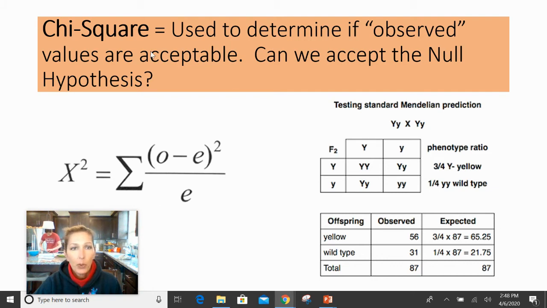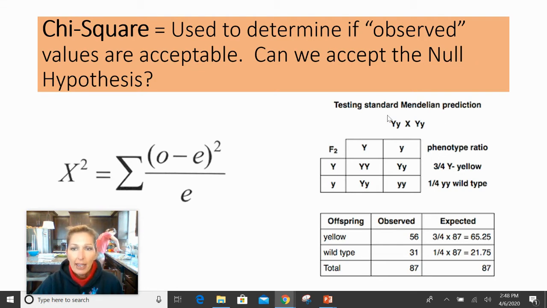Now, what chi-squared is and why we do this test is we use it to determine if our observed values are acceptable. And that's really just the simple way. But we're also doing it to see if we can accept the null hypothesis. Now, your null hypothesis is a testable hypothesis. This is a number.